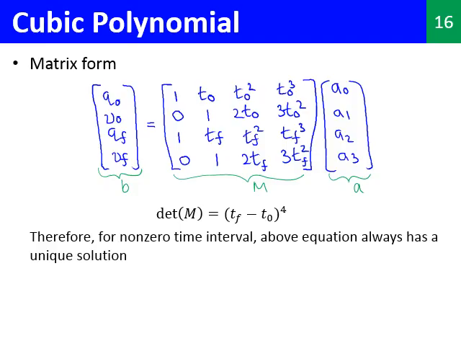When tf is not equal to t0, that is when the time interval is non-zero, the above equation will always have a unique solution, and that is given by M inverse times B.